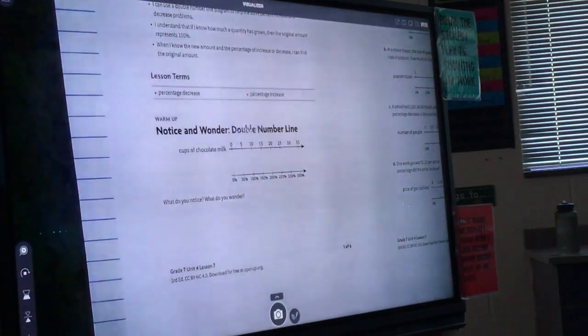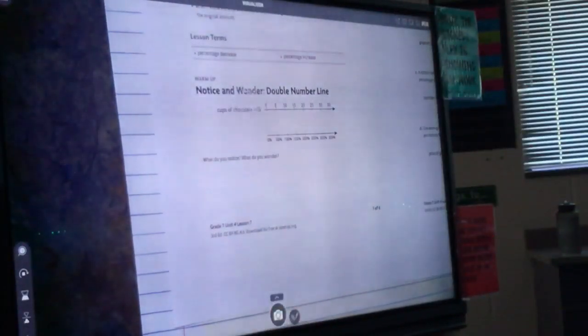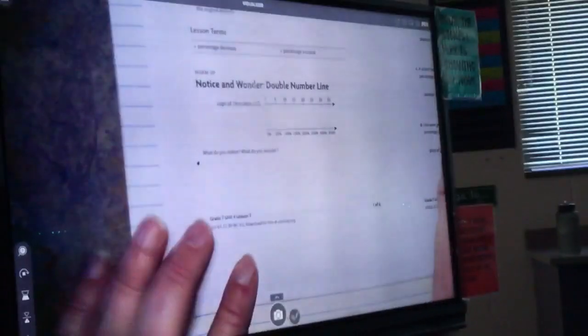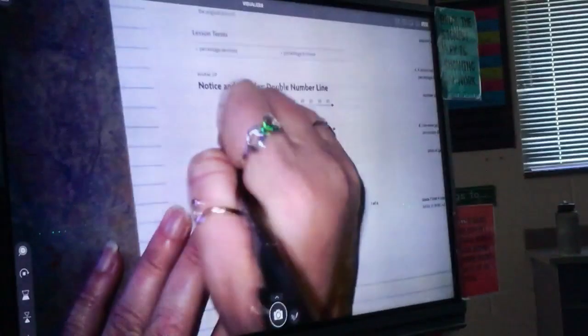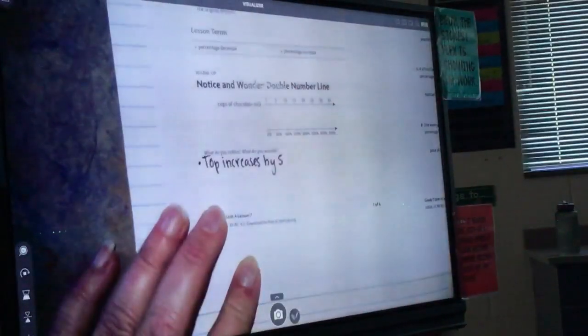All right, let's go ahead and talk about what do you notice. So what do you notice about these two number lines? Oakley. So the top number line increases by 5 each time. Okay. Lily?